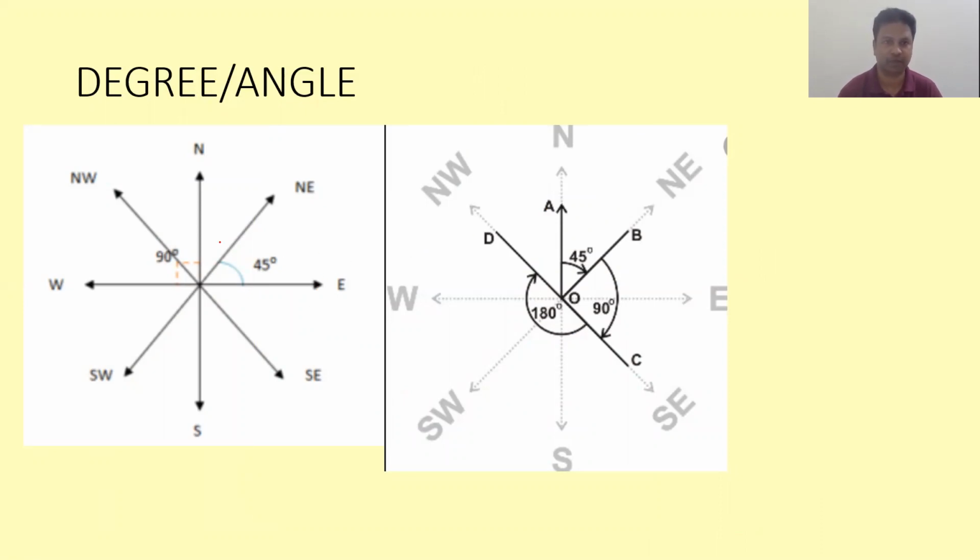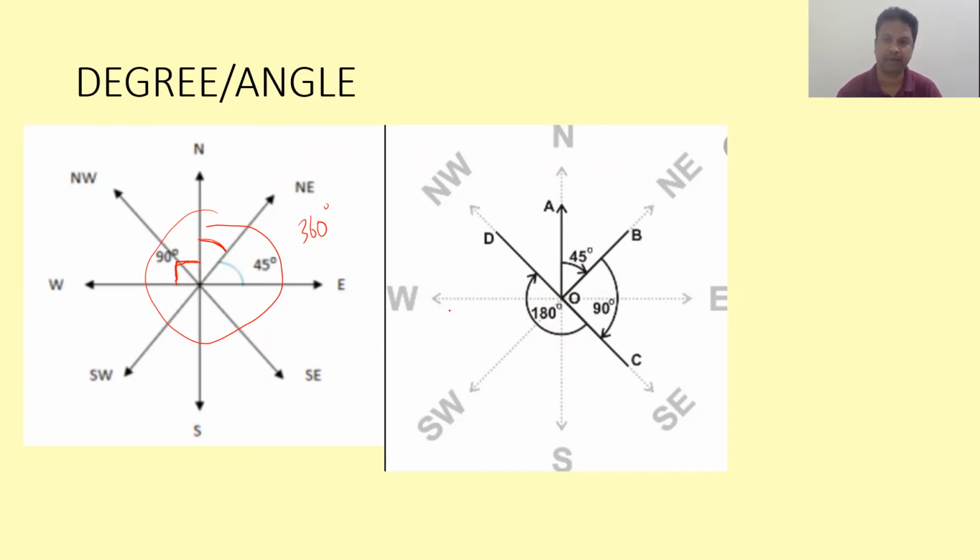Then we know the total degree or total angle is what? 360 degrees. Okay, so the total is 360 degrees, across four quadrants. Between two cardinal directions, between two principal directions, it is 90 degrees. Between one principal direction and one subcardinal direction, it is 45 degrees.